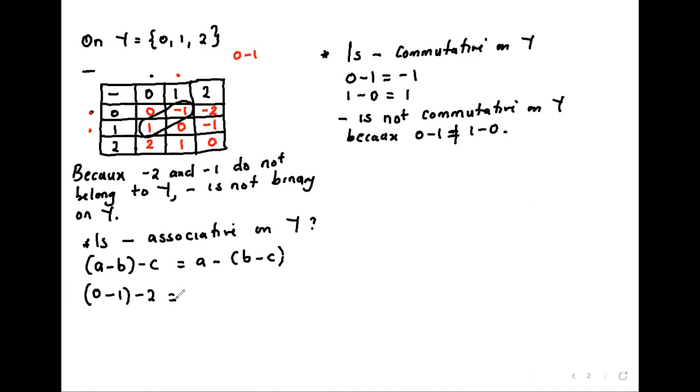What do we get? 0 minus 1 is -1, and then minus 2 gives us -3. What about 0 minus (1 minus 2)? 1 minus 2 gives us -1. So 0 minus -1, we get 1.